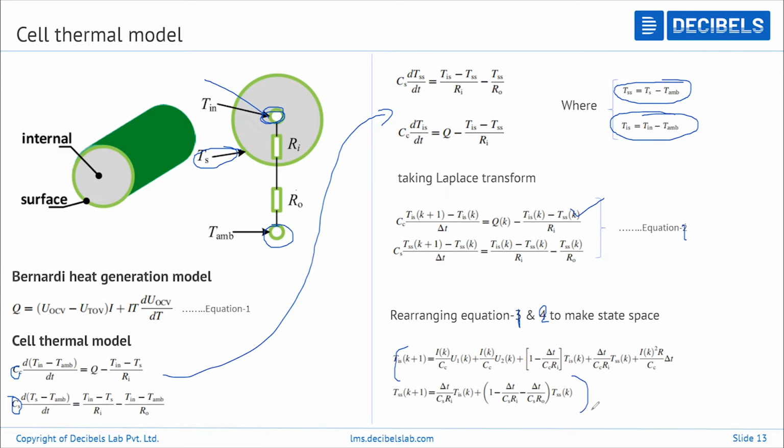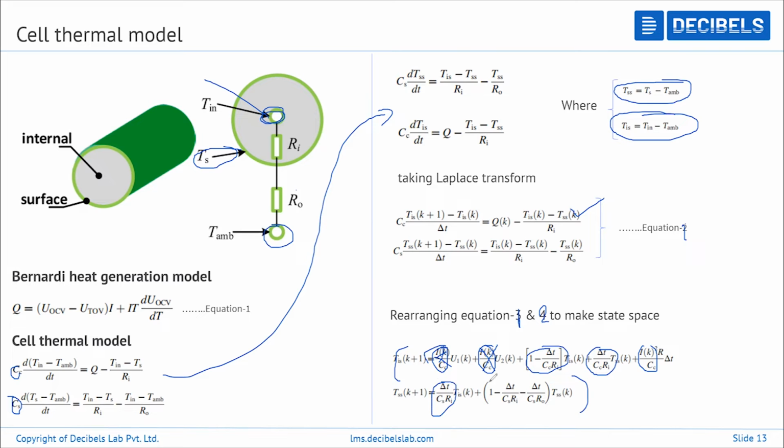Again, these are going to sit in the A matrix and this is going to sit in the B matrix. Not these, these. These two are going to sit in the A matrix.